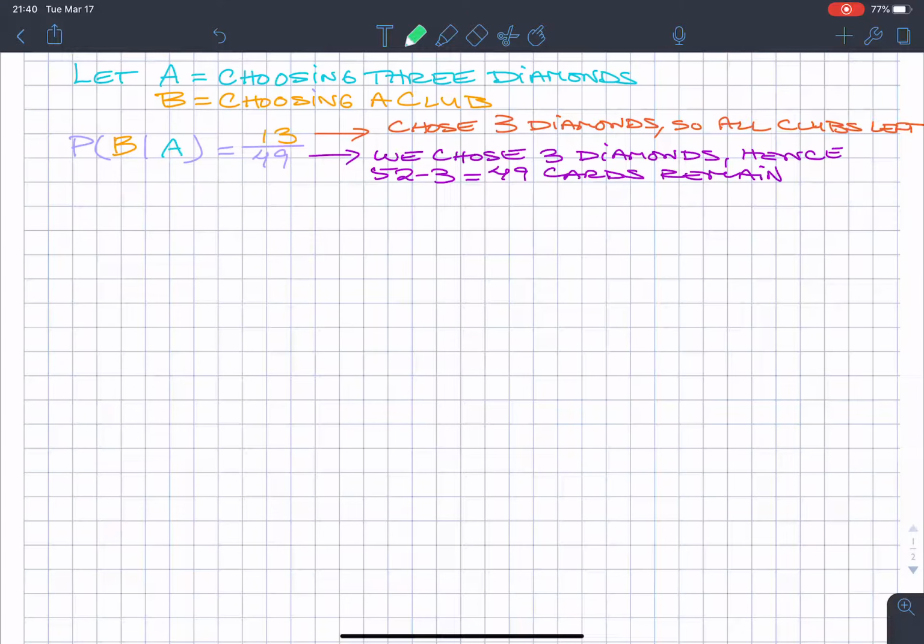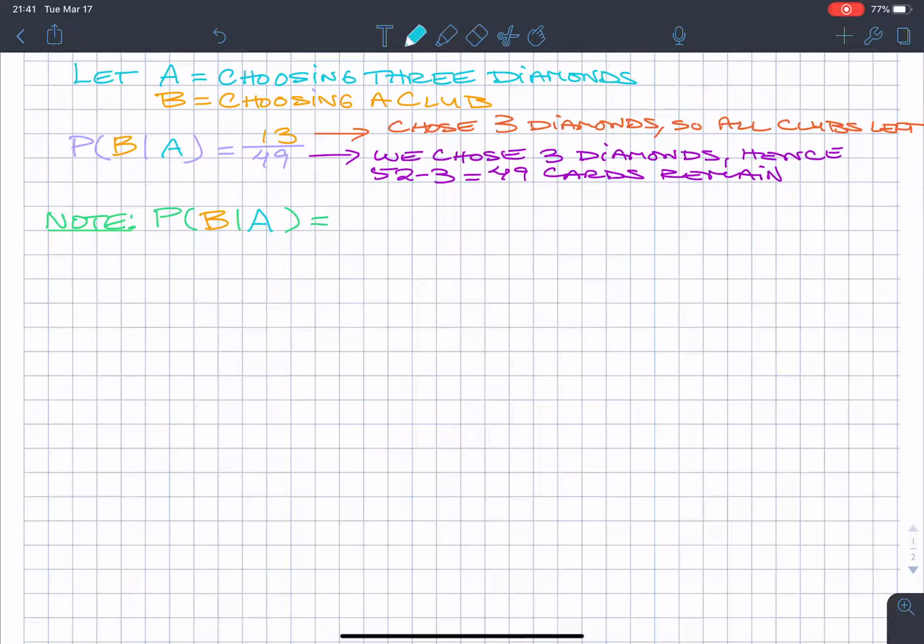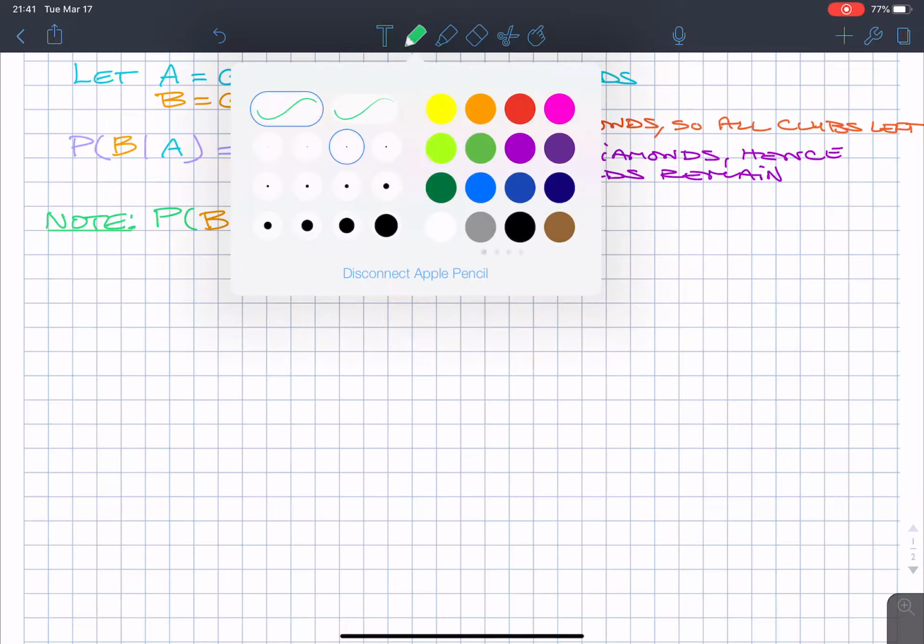Not that I'm going to use it just yet, but let's note that the probability of B and A, or A and B, is going to be the probability of A times the probability of B given A. That's what I wanted to do.